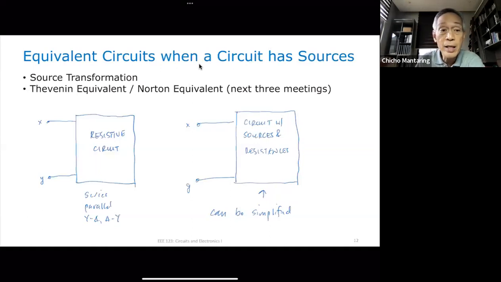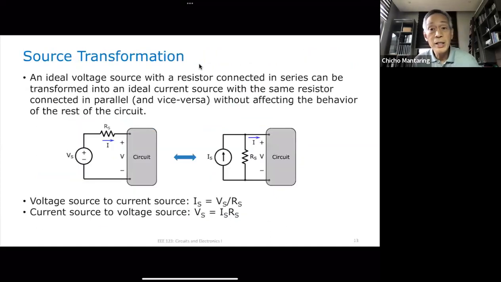Okay, so the first technique that we're going to study is what we call source transformation. Okay, and what is the principle of source transformation? If I have an ideal voltage source with a resistor connected in series, so this is an example, no? This is an ideal voltage source. I have a resistor connected in series. That can be transformed into an ideal current source with the same resistor connected in parallel.